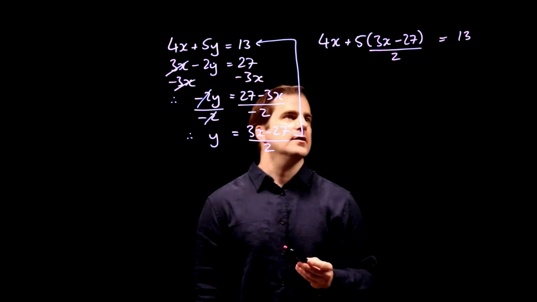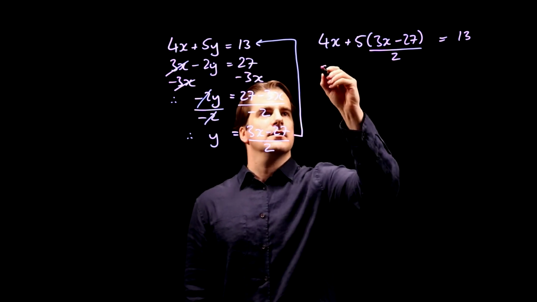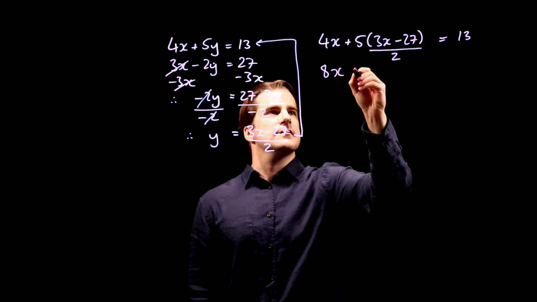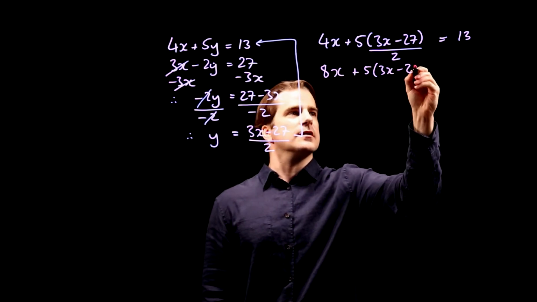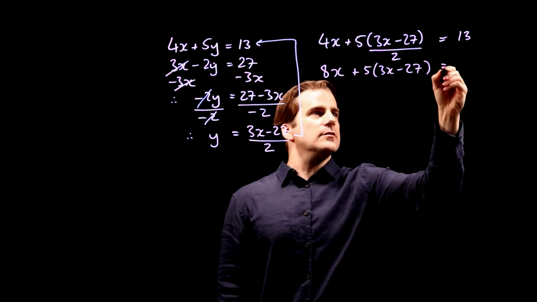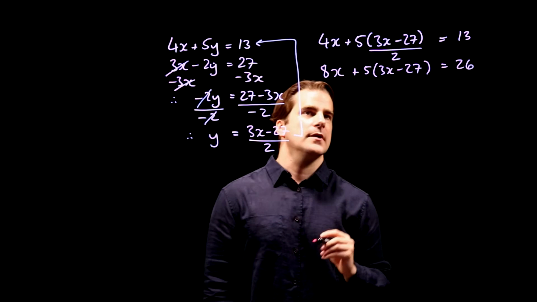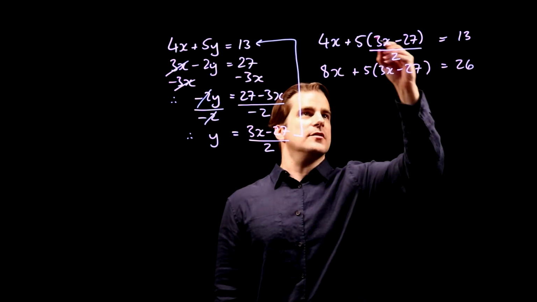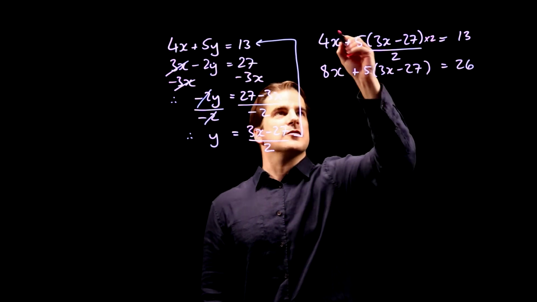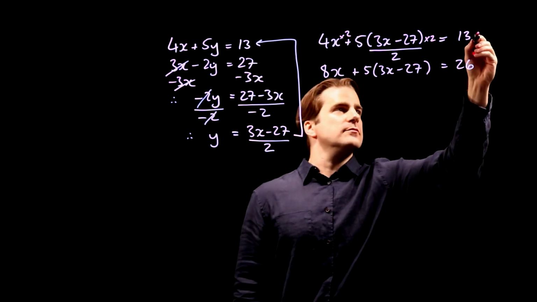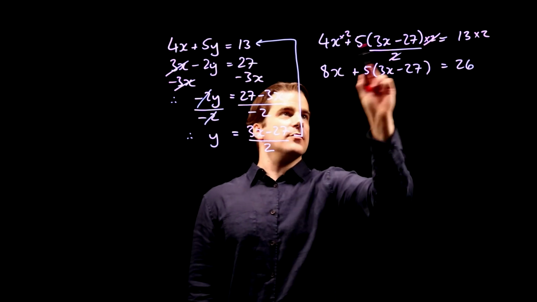Okay, right, let's get the 2 off the bottom by multiplying all terms by 2. We get 8x plus 5 times (3x minus 27) equals 26. What I did there is just multiply this term by 2 there. I multiplied all of them by 2. So these 2's cancel and you're just left with that.